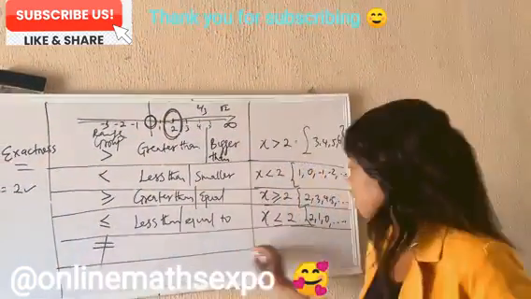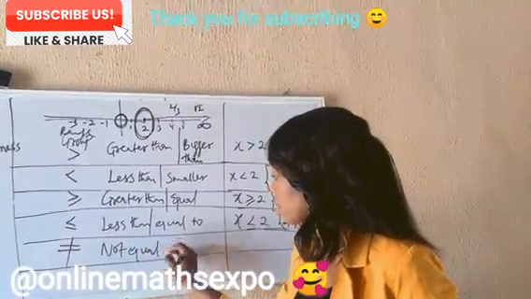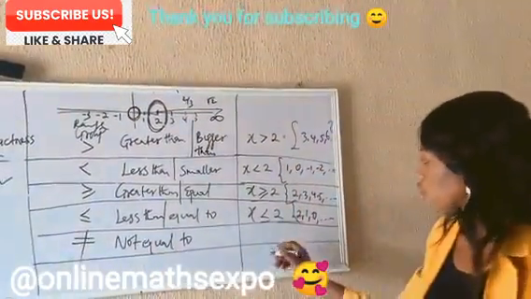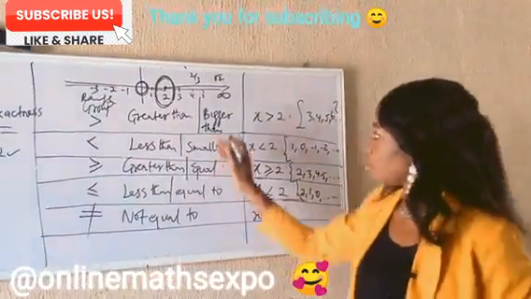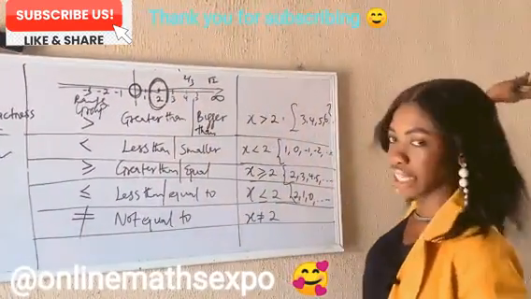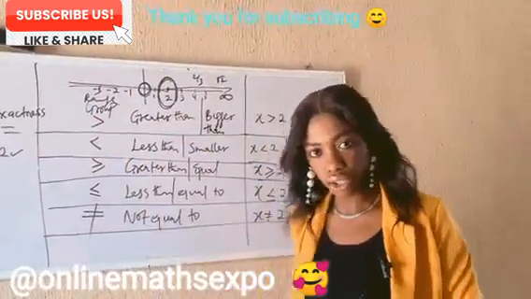Then the last one is when you say something is not equal to. Let's say x is not equal to 2, it means that x can be 3, 4, 5, 6, and above, or x can be 1, 0, minus 1, and the other numbers.